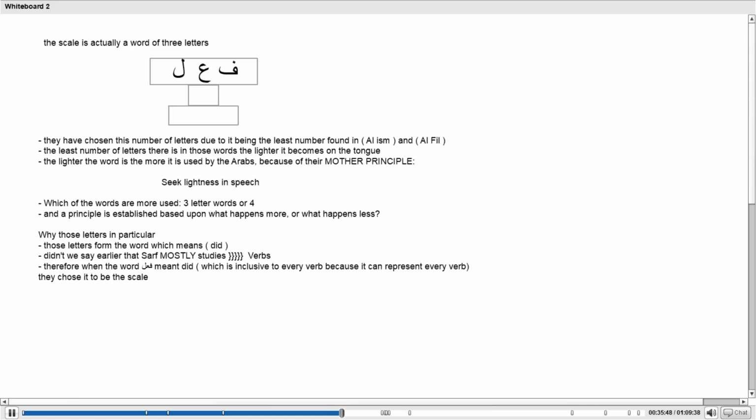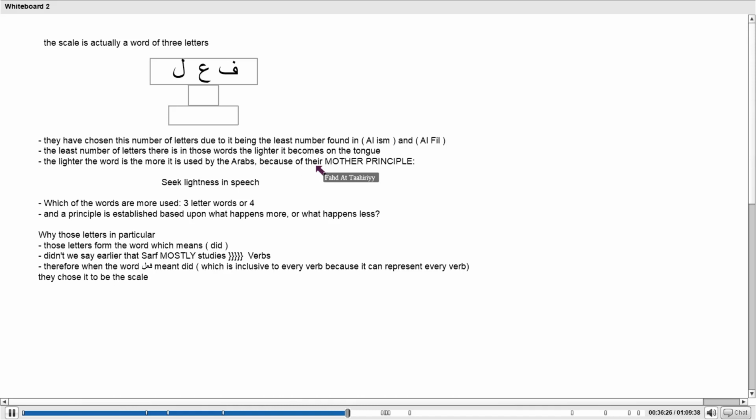This scale, why did they choose it to be 3 letters? The mother principle to the Arabs is that they seek lightness in their speech. Whatever is easier, they use it more.